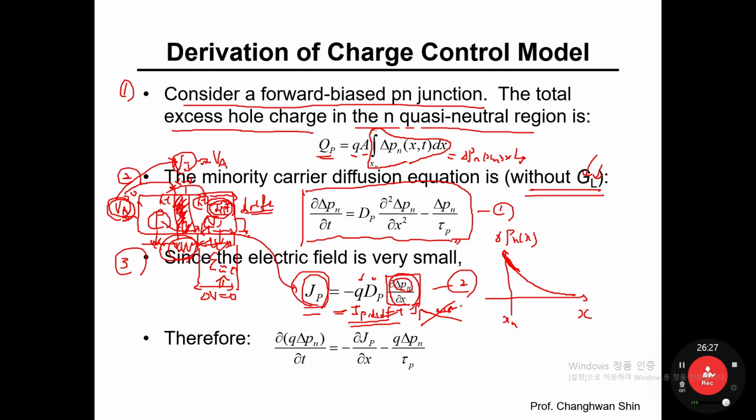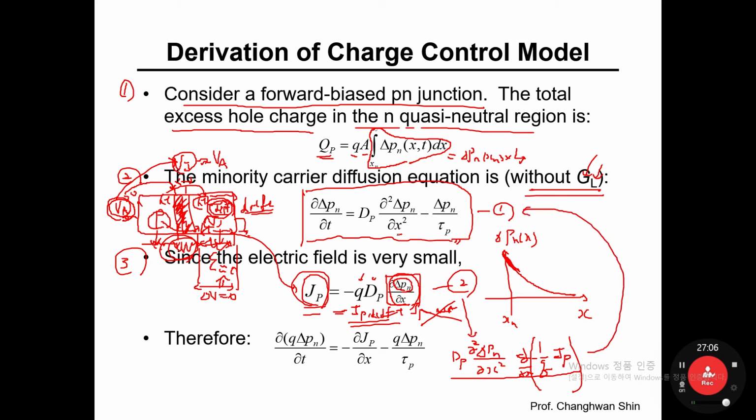Okay, so from equation number 2, D_p times the partial of delta p_n with respect to x is identical to minus 1 over q times J_p. Let's take the derivative with respect to x once more, and plug this into equation number 1.